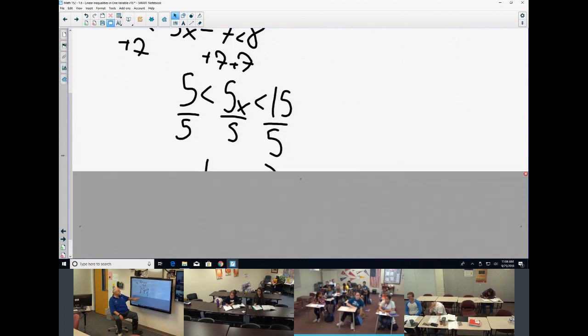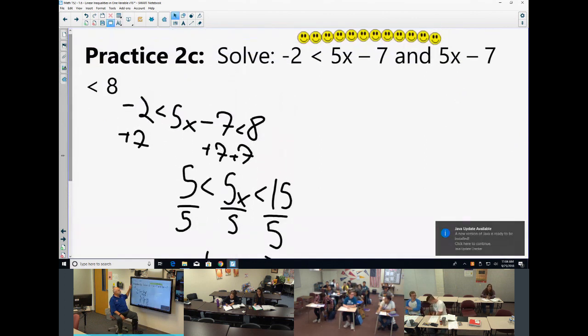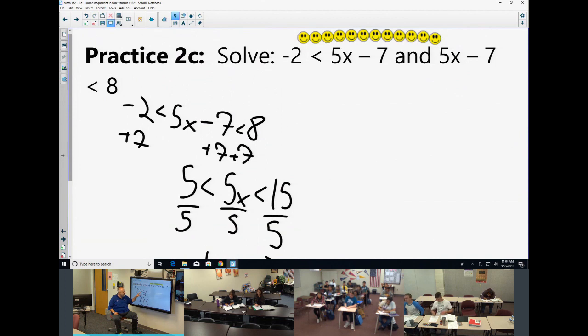Okay. Sure. So the first thing is to scrunch it all together. So -2 is less than 5x is less than 8. So we just combine the double inequality into one compound inequality. You can only do that when it's an and and you have the same thing in the middle. Then the idea is to get x by itself in the middle.